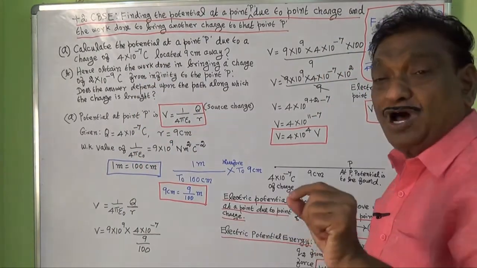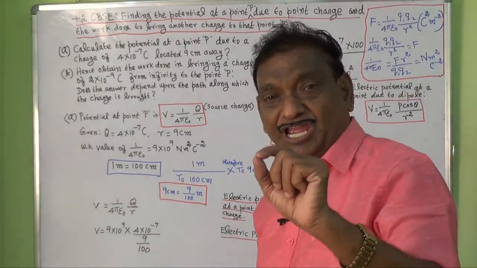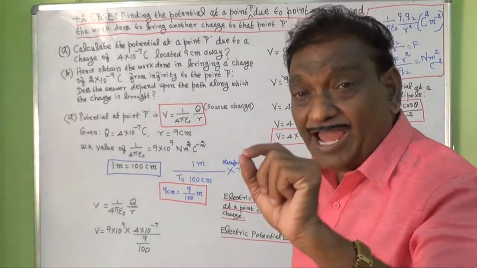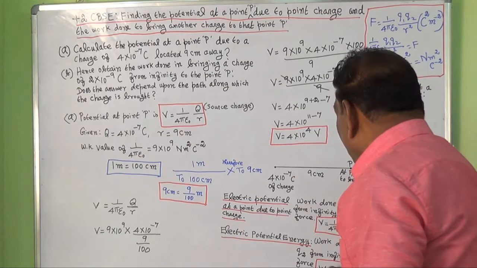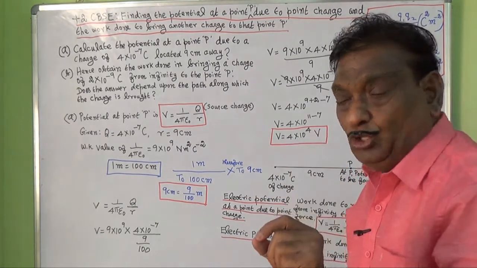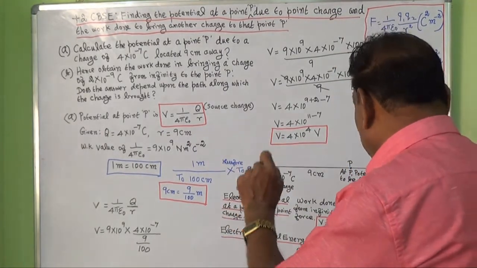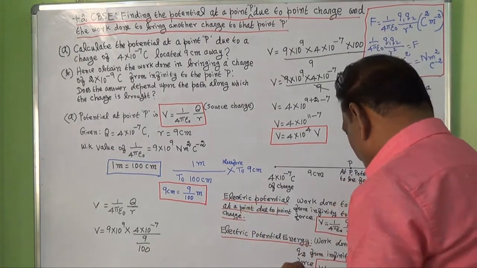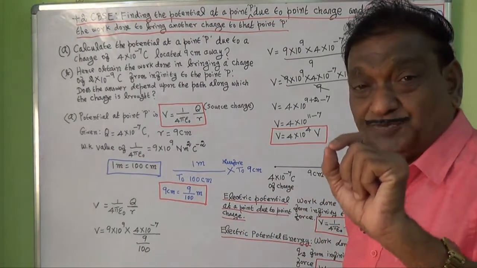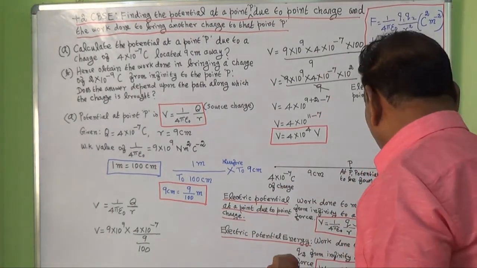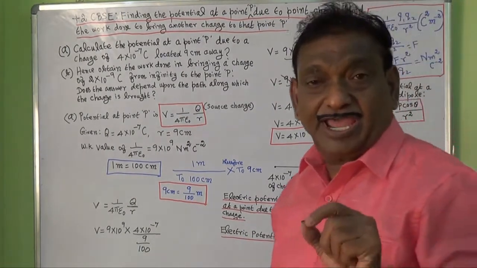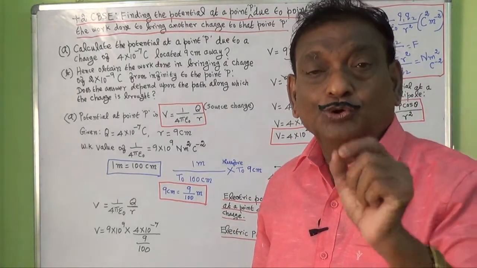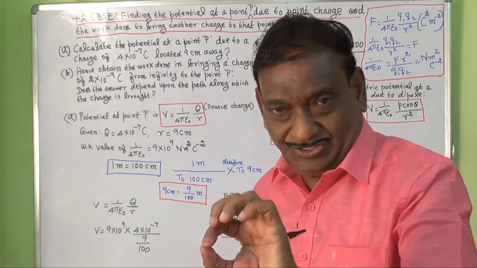The formula for the electric potential energy, that is work done, is W or U. W is the work done, U is the electric potential energy, equal to 1 by 4 pi epsilon naught Q1 Q2 by R. Q1 is the source charge, Q2 is the test charge.